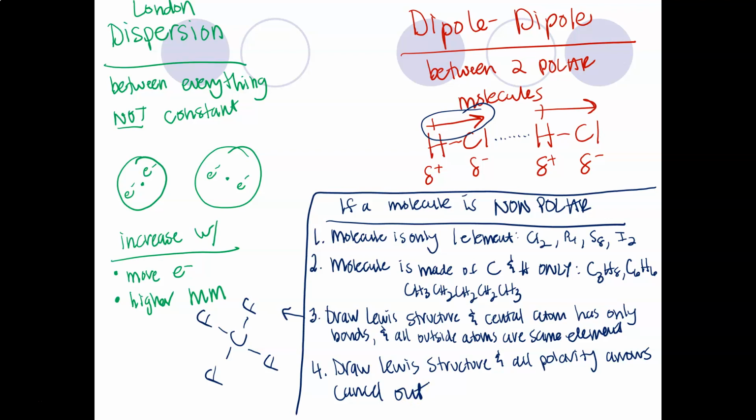For more details on this, I'm going to send you back to chapter 9, and I'll be happy to give you links to those videos if you want. If something follows one of these 4 rules, that makes the molecule non-polar. If it meets none of these criteria, then it's automatically polar. Okay. So that's how you can tell if it has dipole-dipole forces.